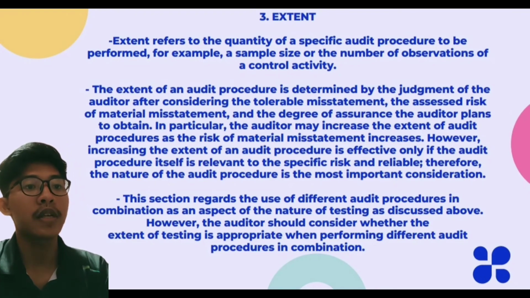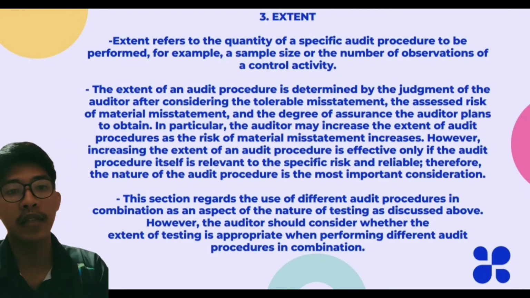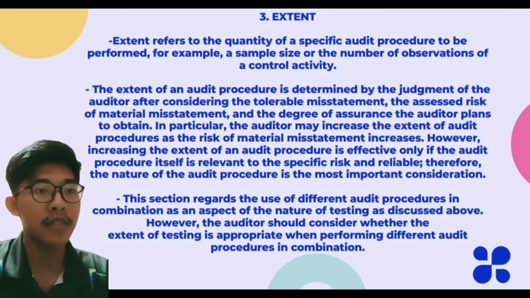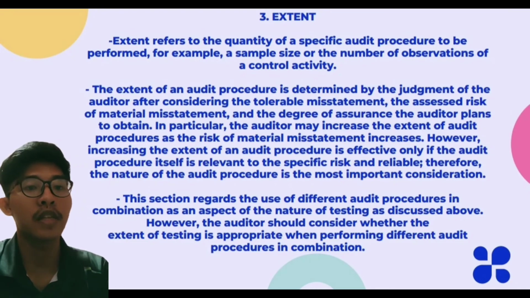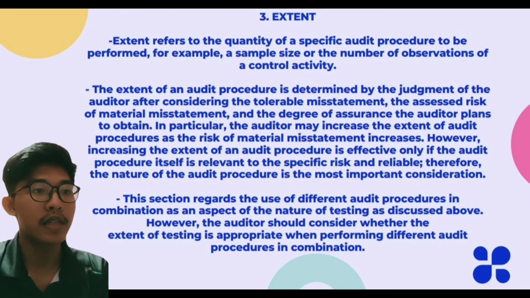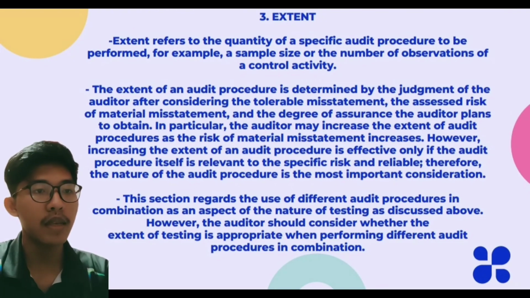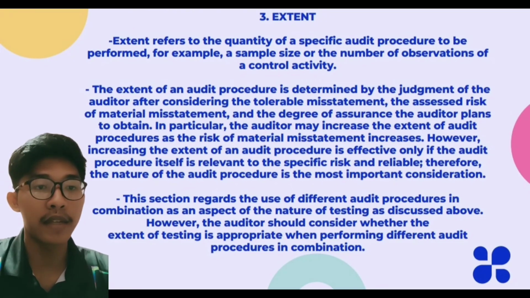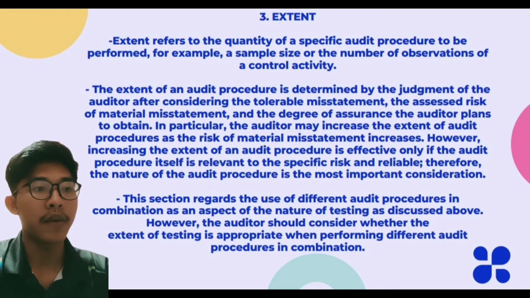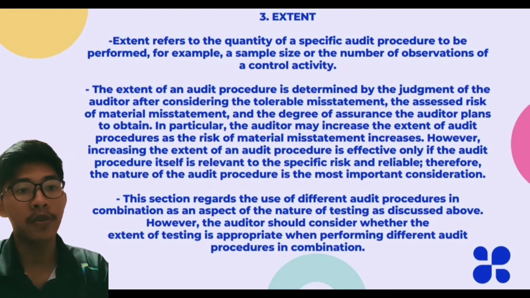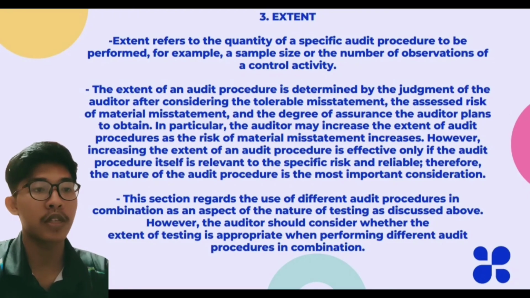In particular, the auditor may increase the extent of audit procedures as the risk of material misstatement increases. However, increasing the extent of an audit procedure is effective only if the audit procedure itself is relevant to the specific risk and reliable. Therefore, the nature of the audit procedure is the most important consideration.